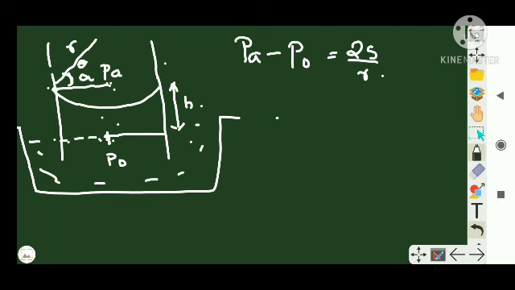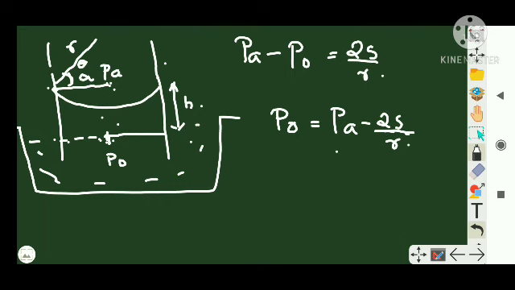So I can say P naught is equal to P atmosphere minus 2S by R. So there is less pressure here, and to maintain equal pressure, this P naught pressure should be equal to PA.